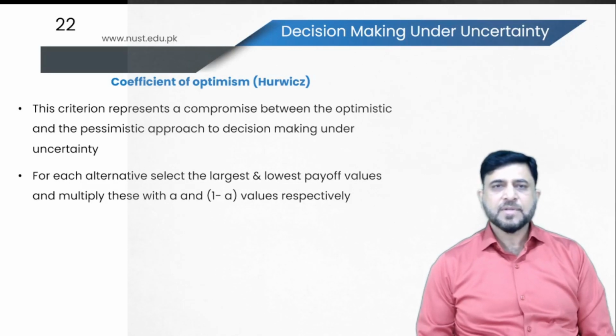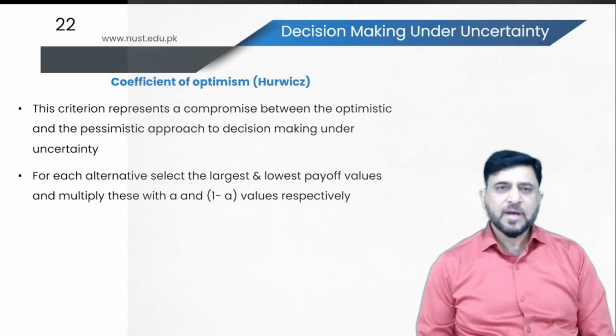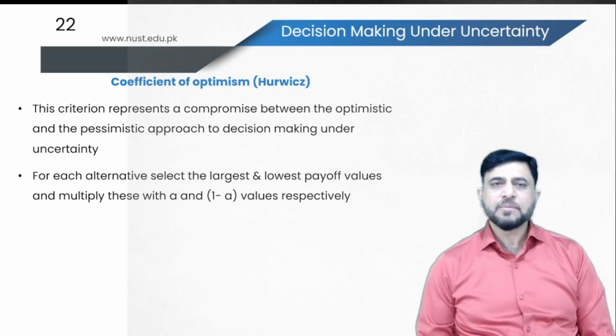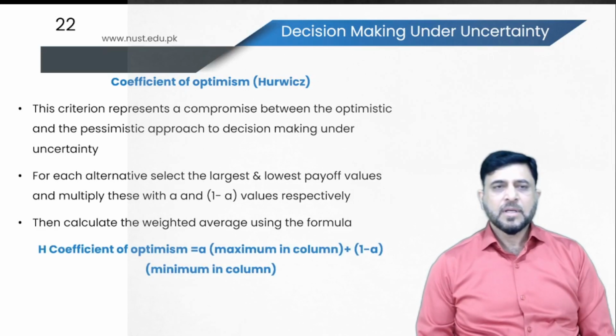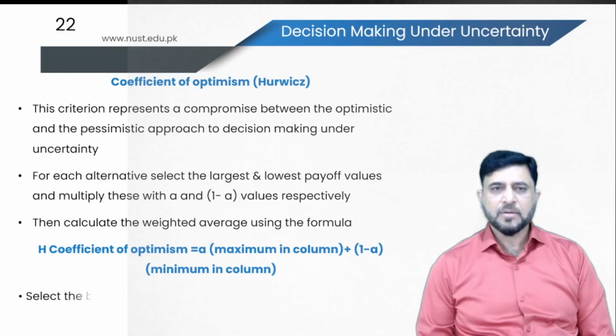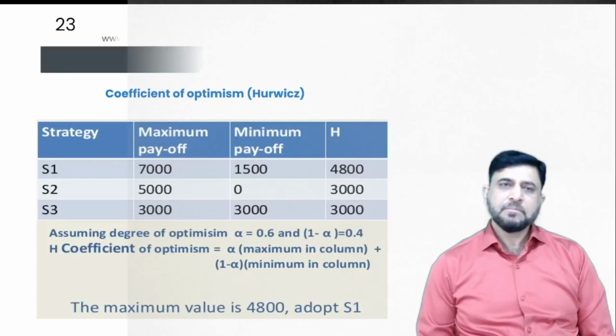For each alternative, select the largest and lowest payoff values and multiply these with alpha and 1 minus alpha respectively. Alpha is the probability of the best one and 1 minus alpha is the probability of the worst one. Then calculate the weighted average using the formula: H, coefficient of optimism, is equal to alpha times maximum in the row plus 1 minus alpha times minimum in the row. Then select the best answer.